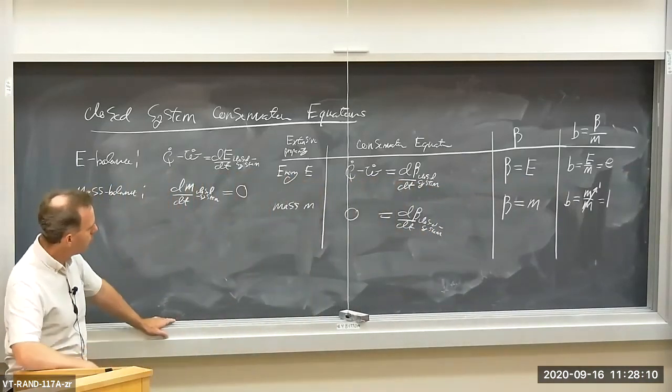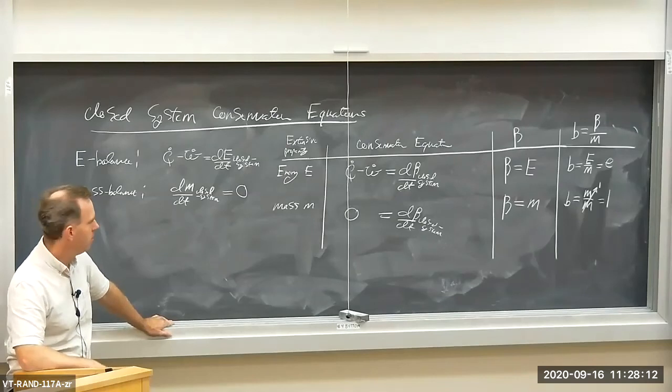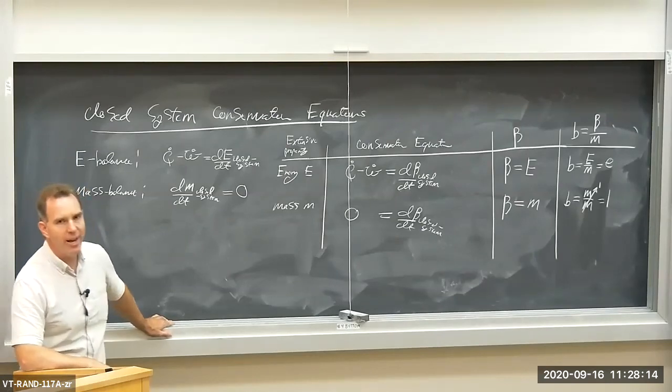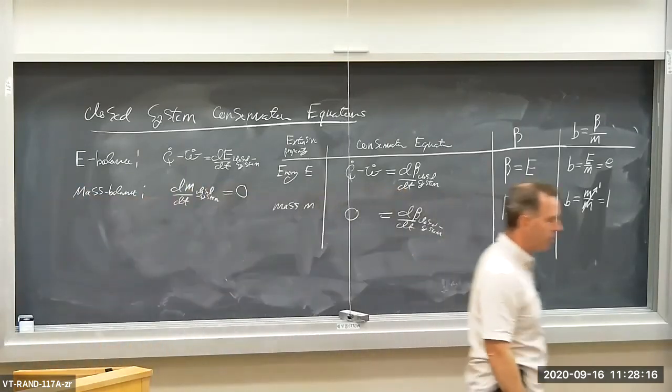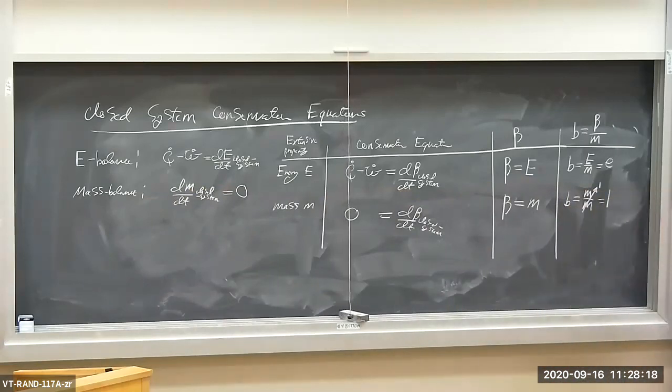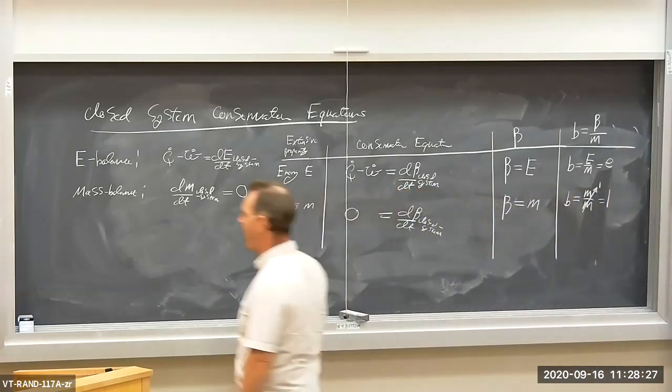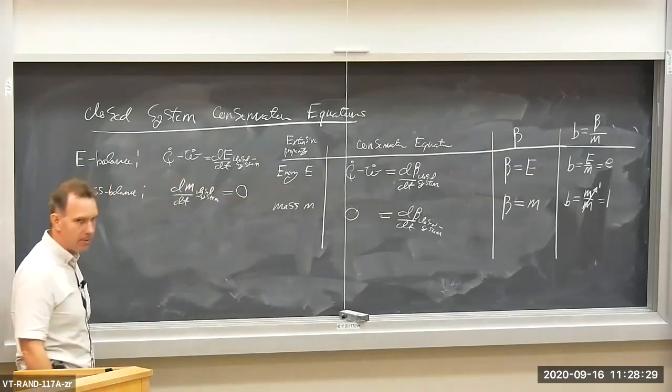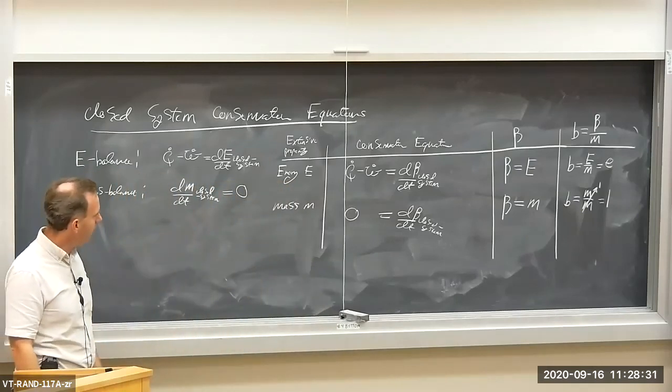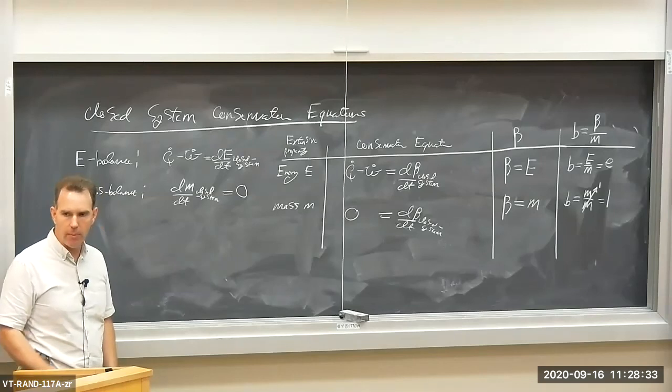Now we're going to use this re-expression of the conservation equations along with the Reynolds transport theorem, which we're going to develop in just a moment, to create open system energy and mass balance equations. Okay? So have this written down in your notes because we're going to be coming back to it later.